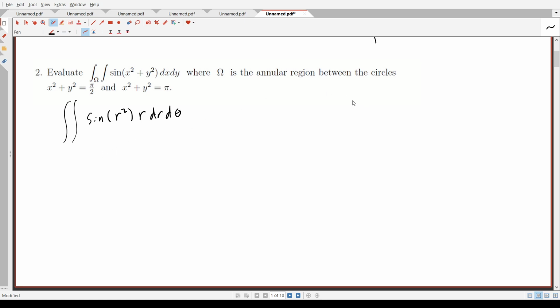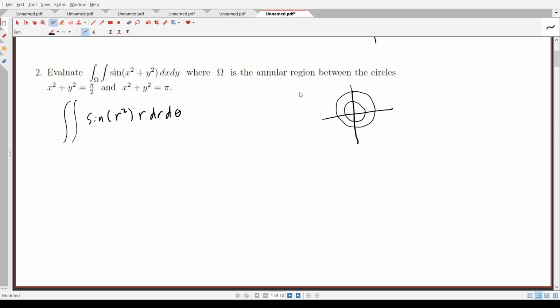Now, to get the bounds, first thing I do is I draw the region. So the annular region. An annulus, for those of you who haven't seen that term before, is like the shape of a washer. Okay, so it gives us two circles. It gives us this one and this one. So this one we got to be a little bit careful.